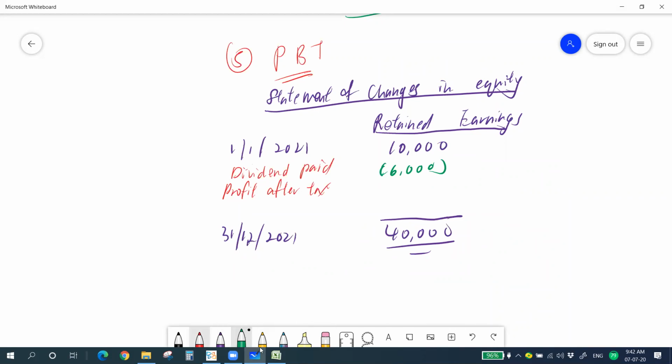So can we find out the missing information here? And what is the amount? $36,000? Yes. The profit after tax during the year is 36,000.